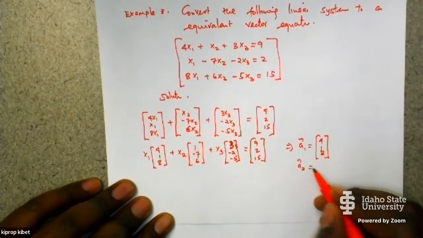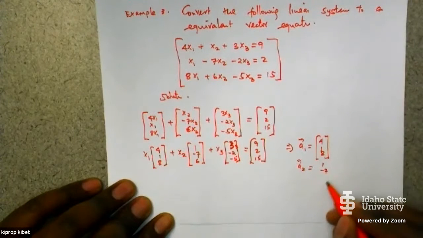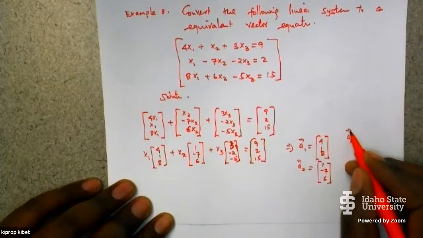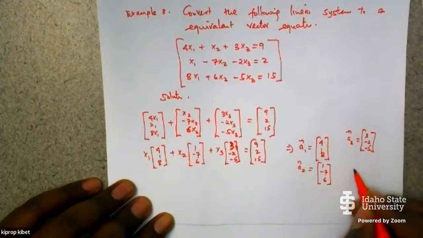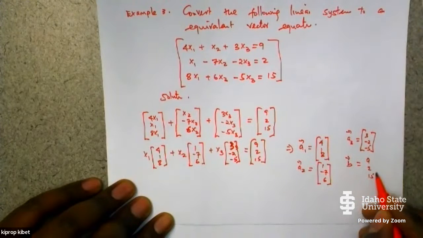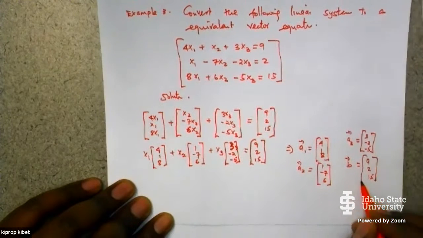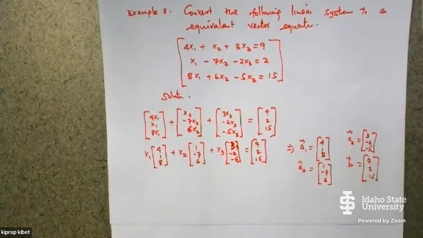A2 equals 1, -7, and 6. And then the vector A3 equals 3, -2, -5. And our B is equal to 9, 2, and 15.